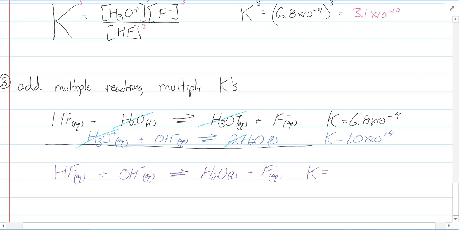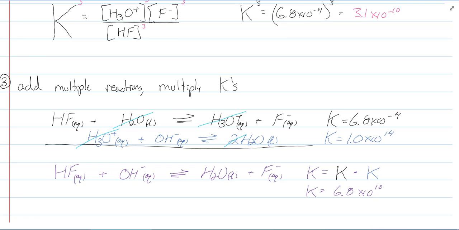So K would equal our 6.8 times 10 to the negative 4 times our 1 times 10 to the 14th. So in purple here, our K happens to be 6.8 times 10 to the 10th, which is a pretty big number. So we just made an unfavorable reaction, hydrofluoric acid and water not dissociating much, into making almost all fluoride now. So that's pretty good.